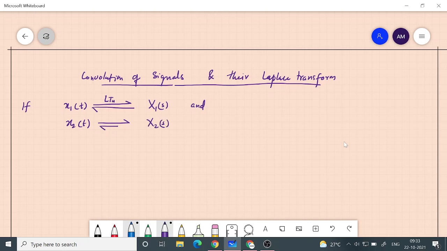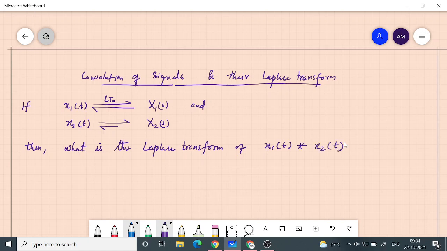Then what is the Laplace transform of x1 of t convolution x2 of t?